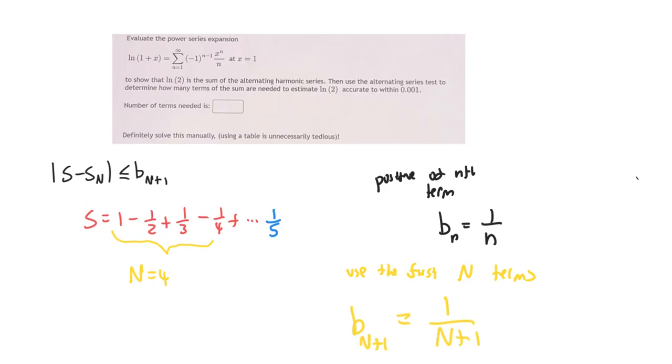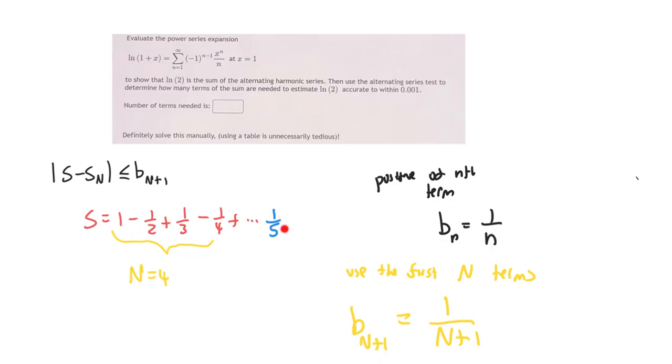What do I mean by the next omitted term? If you go up to this, the next omitted term would be this. If capital N equals 4, the next omitted term would be this. So the next omitted term can be represented by this structure.